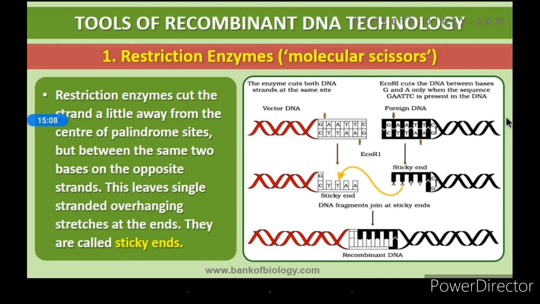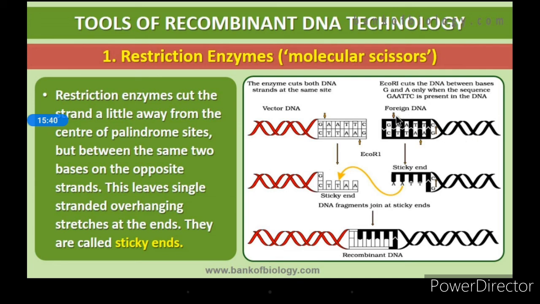Restriction enzymes cut the strands a little away from the center of palindromic sites, but between the same two bases on the opposite strands. This leaves single-stranded overhanging stretches at the ends, called sticky ends, which we have already discussed in the last slide. This is the vector DNA, this is the foreign DNA, and both are cut at the palindromic sequences.